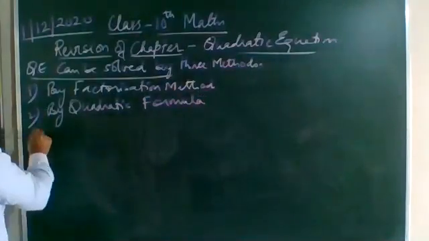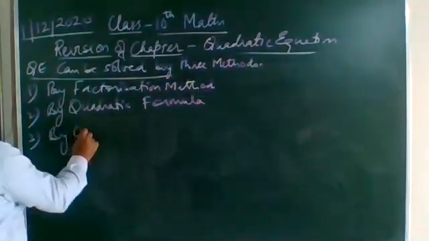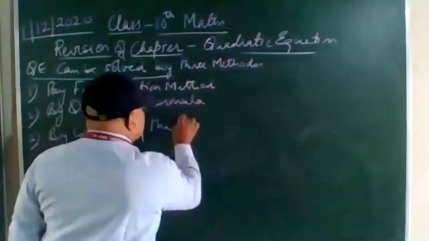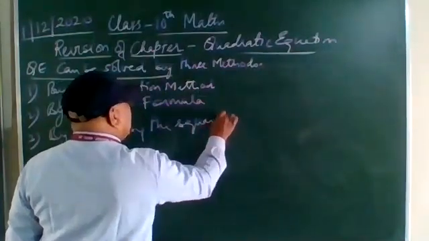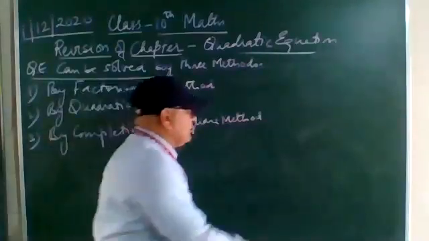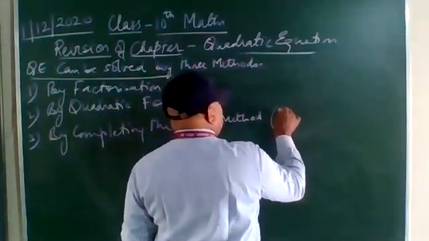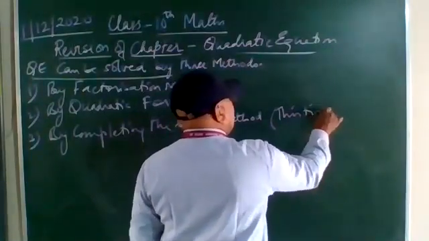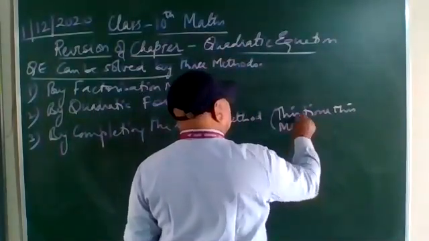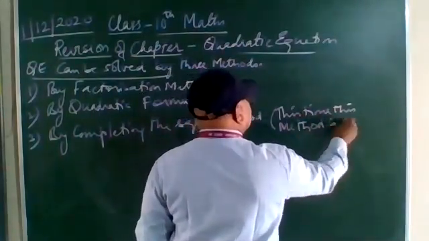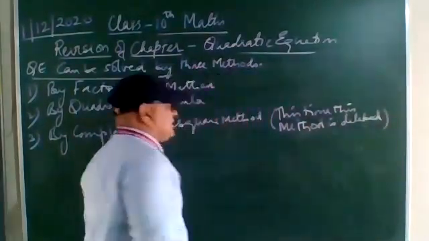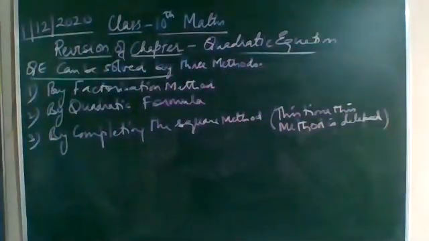Third by completing the square method. This time this method is deleted.